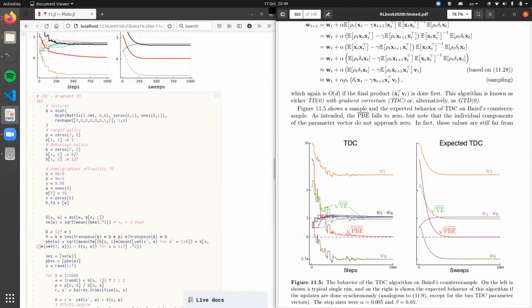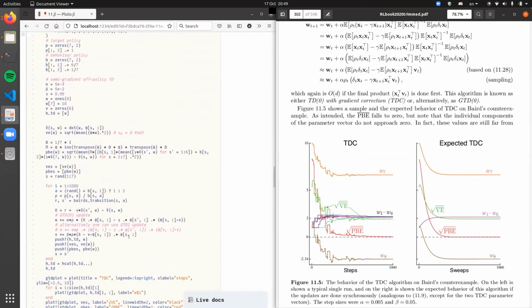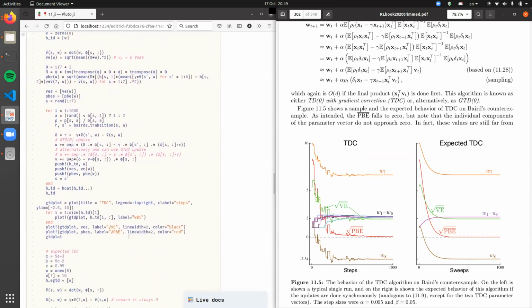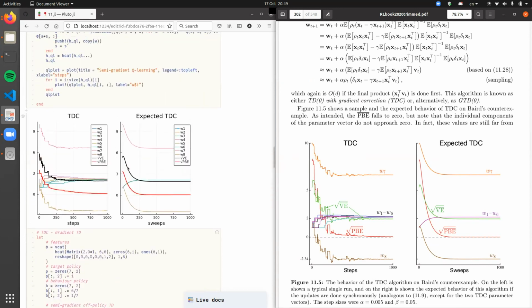And yeah, I have this implemented here. You can also play around with it if you'd like to. You can see that when we use expected updates instead of sample updates, it converges smoothly, but it is also convergent with sample updates nicely.